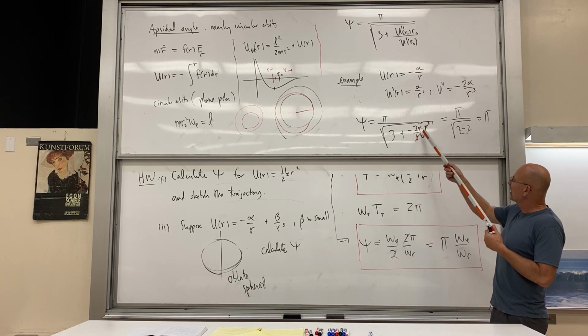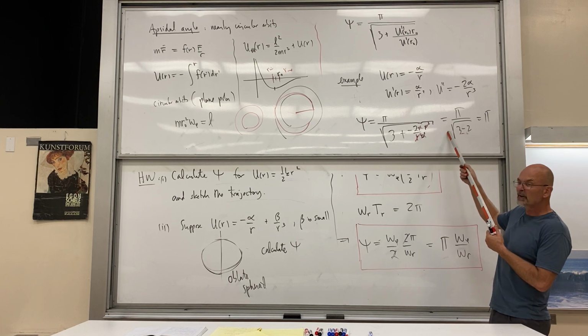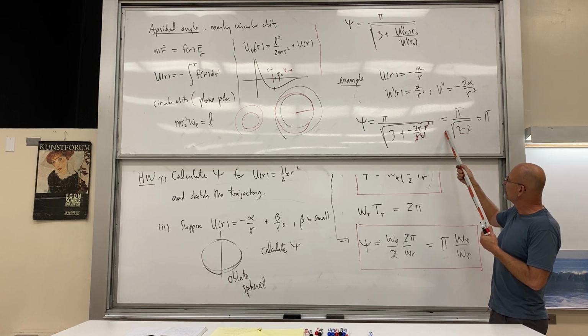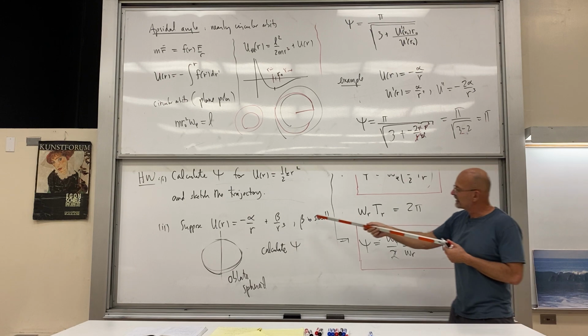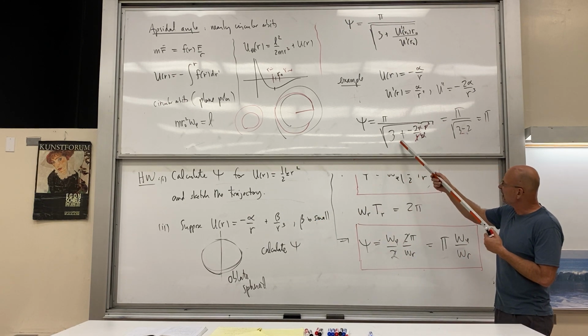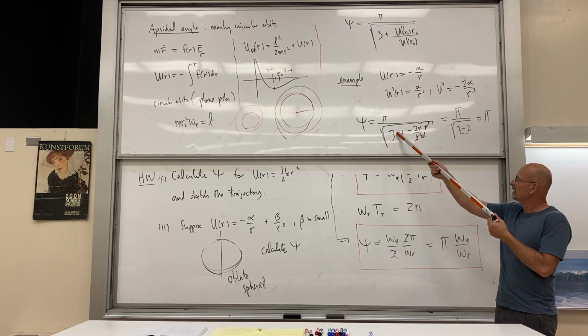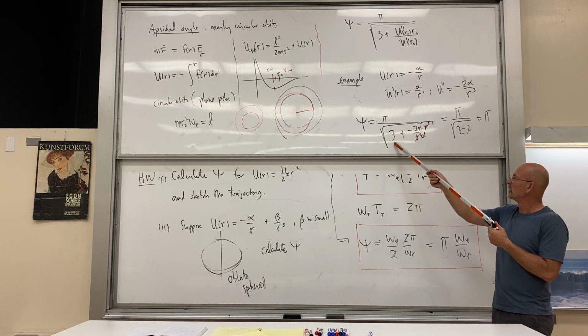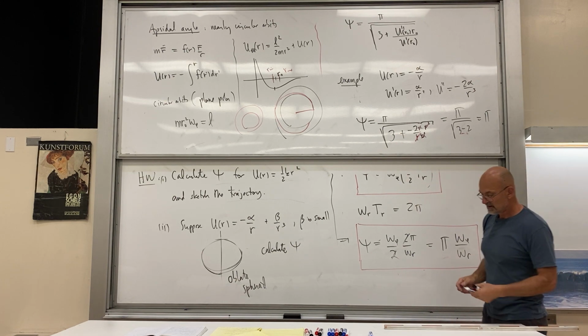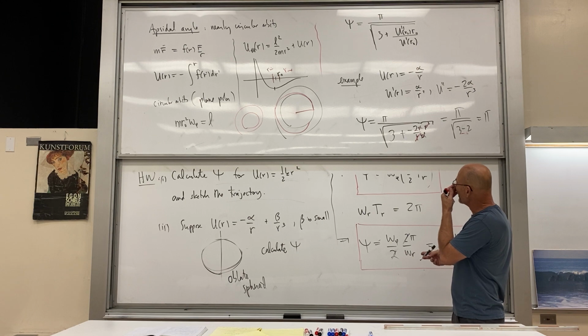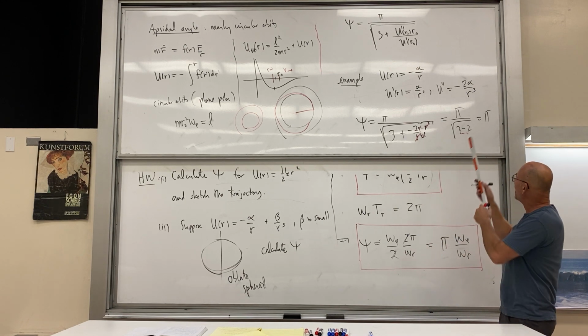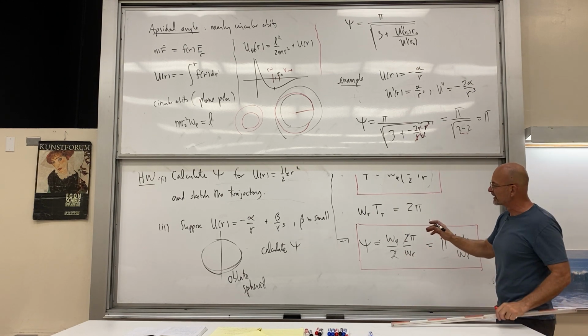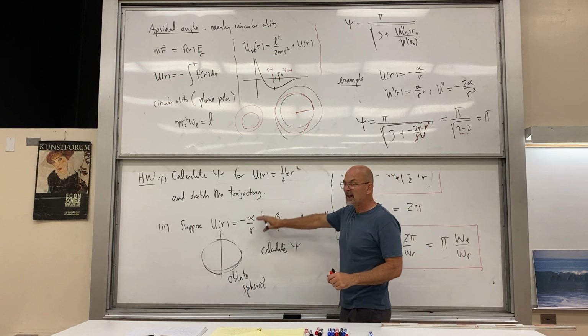You'll have 3 plus some stuff plus another term. And what you do, because this is small, you essentially expand this square root. Okay. Expand the square root, so you'll end up with pi plus some smaller quantity that involves beta and alpha.